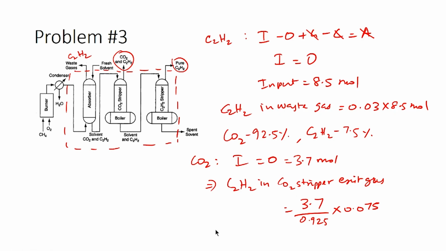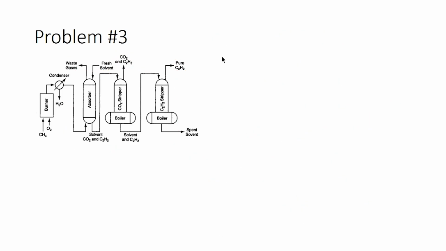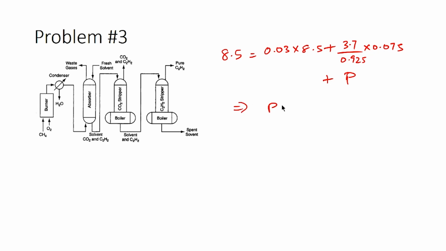The third exit stream is what we are interested in, which we can calculate using the material balance. So, let us write the material balance. We have 8.5 equals 0.03 times 8.5 plus 3.7 divided by 0.925 times 0.075 plus the pure C2H2, which I will call P. Using this we can calculate P as 7.945 moles.